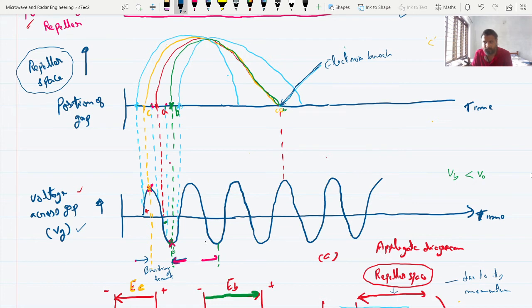Therefore, as I said to you, one bunch occurs only once per cycle, centered around the electron A. That electron is called the reference electron.